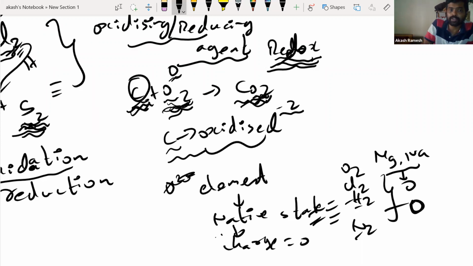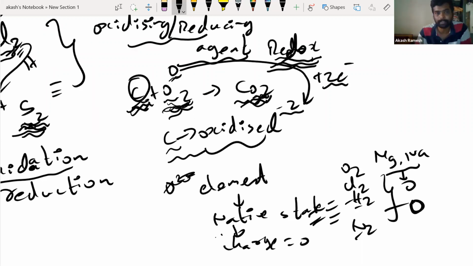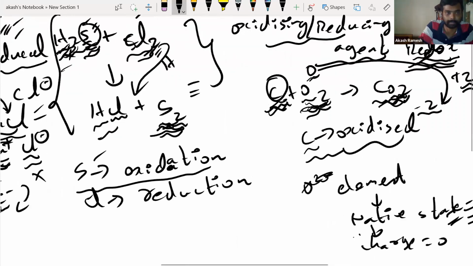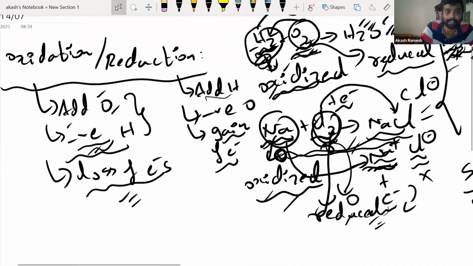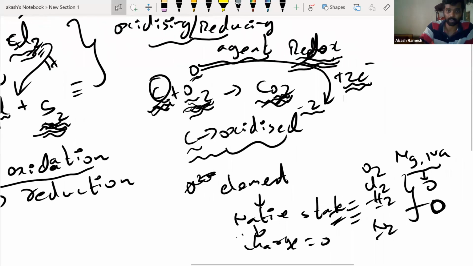So from 0, if you want to go to -2, obviously I would have added 2 electrons to oxygen. Now we'll go back to the definition. Whenever you have gain of electrons happening, that is what is reduction.